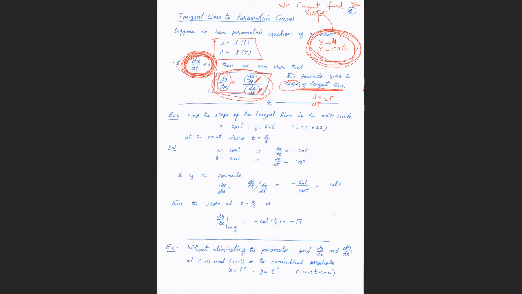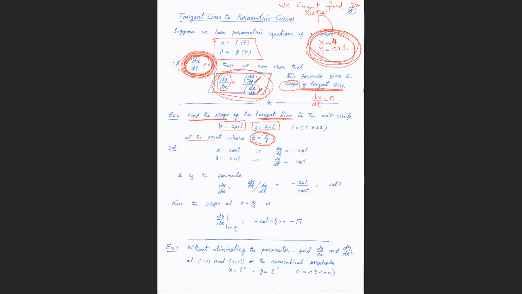The first example is that we have to find the slope of the tangent line to the unit circle when we have this parametric equation: x is equal to cosine of t, y is equal to sine of t, and at the point t is equal to pi by 6, we have to find the slope.